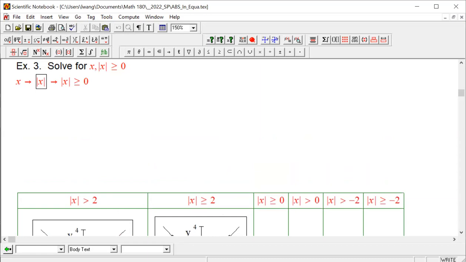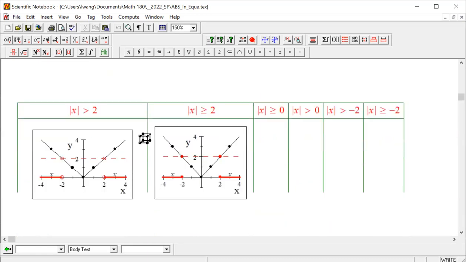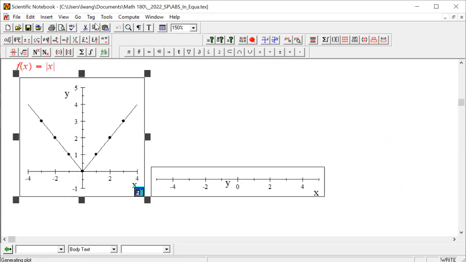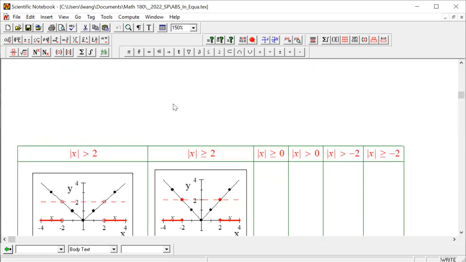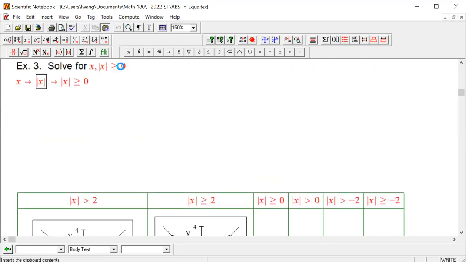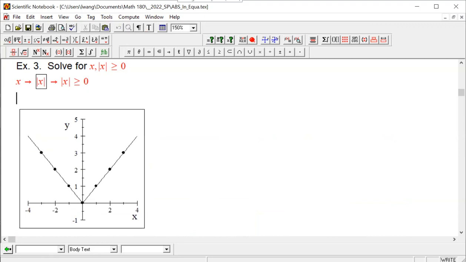If we look at the picture, from the function perspective, method 1: for input 0, the output is 0.